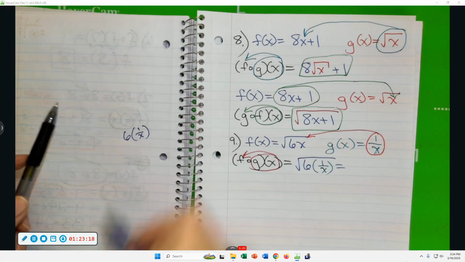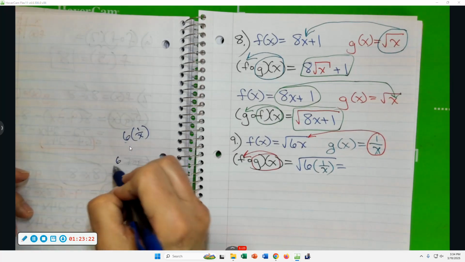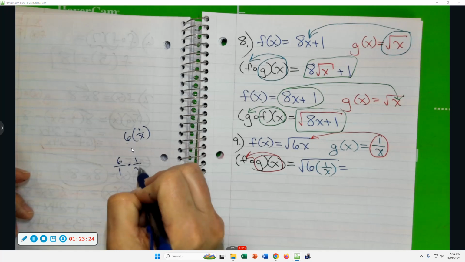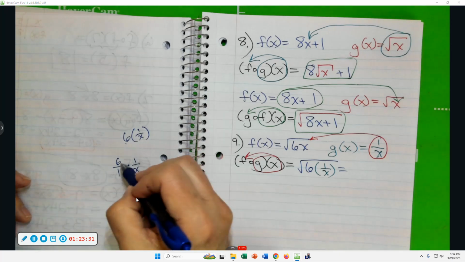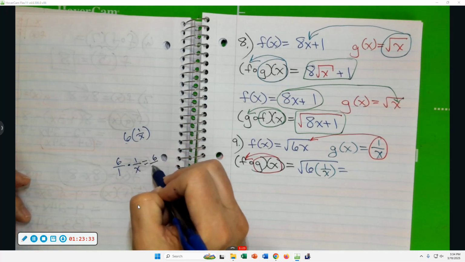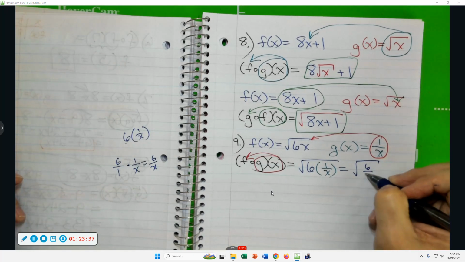Don't say 6 over 6x. That's like multiplying 6 over 1 times 1 over x, which gives us what? 6 times 1 is 6, 1 times x is x, for the square root of 6 over x.